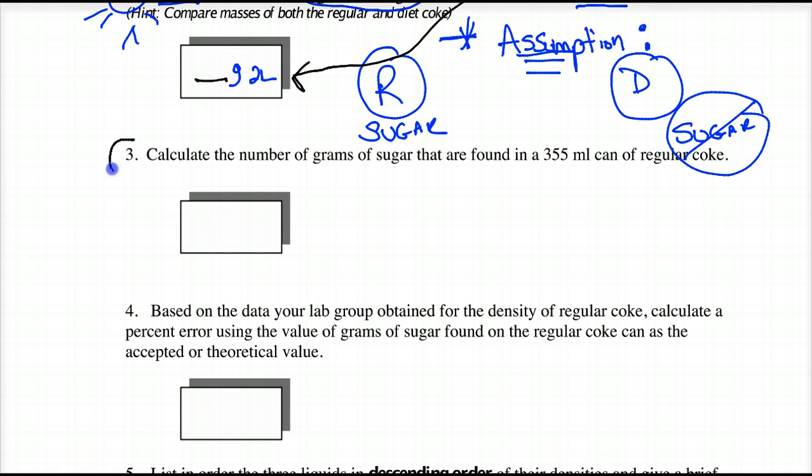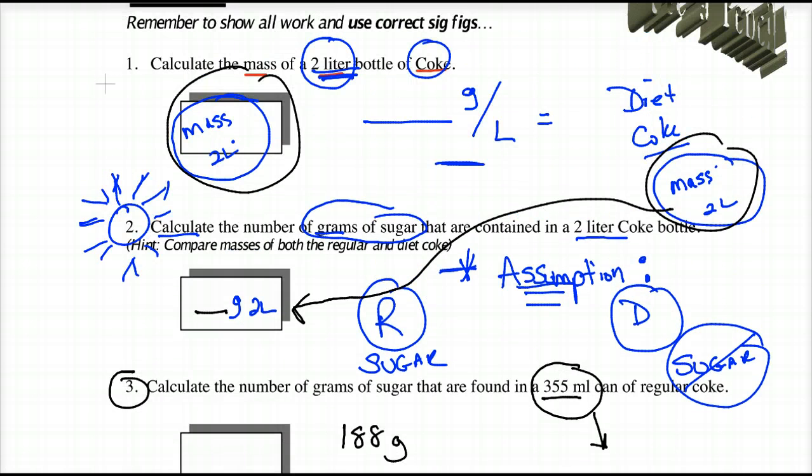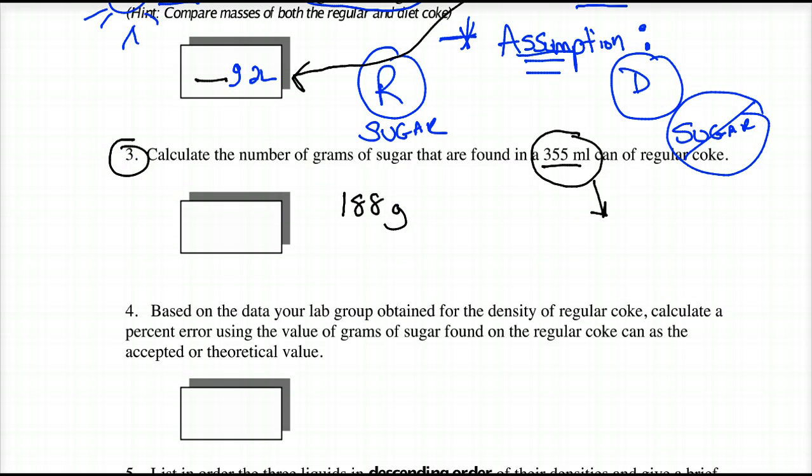Number 3, how do I get a can of Coke? Because up in front there's a can of Coke that has 355 milliliters, and its known value is written on a nutritional label for carbohydrates. I have the grams of sugar for 2 liters of Coke. How do I pare that down for 355? Let's pretend that it was 188 grams of sugar that I found by subtracting the mass of a 2-liter bottle of Coke from a 2-liter bottle of Diet Coke, and the difference in the two masses was 188, making the assumption it must be sugar.